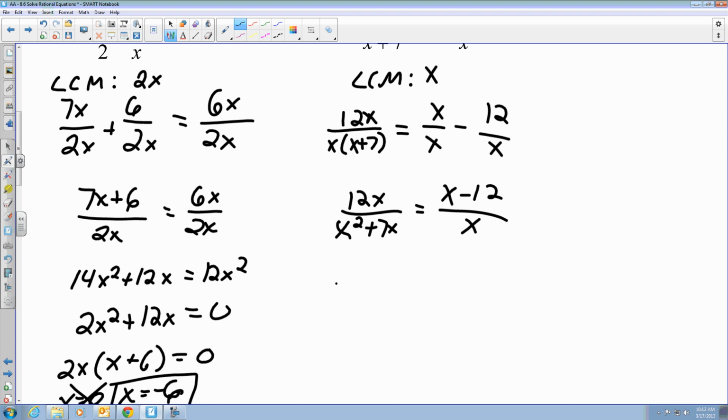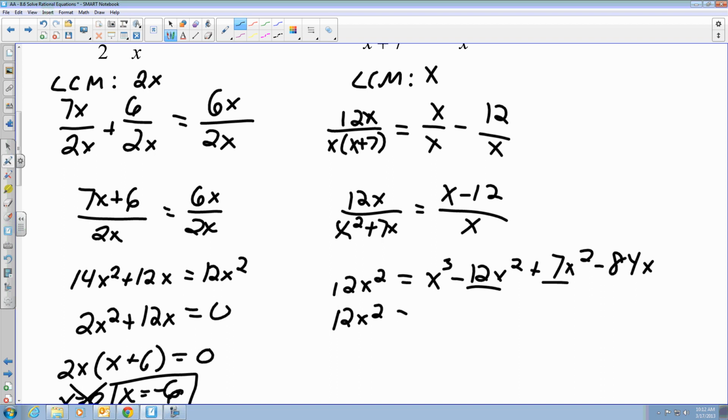If I cross multiply, I get 12x squared equals x cubed minus 12x squared plus 7x squared minus 84x. So we got common terms here, so I got 12x squared equals x cubed minus 5x squared minus 84x.